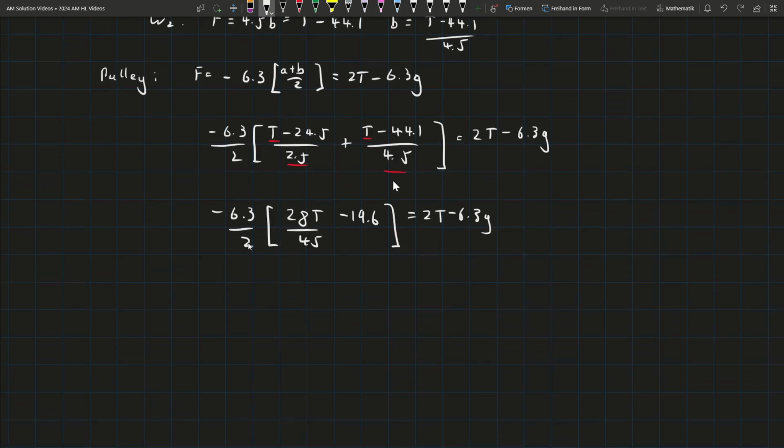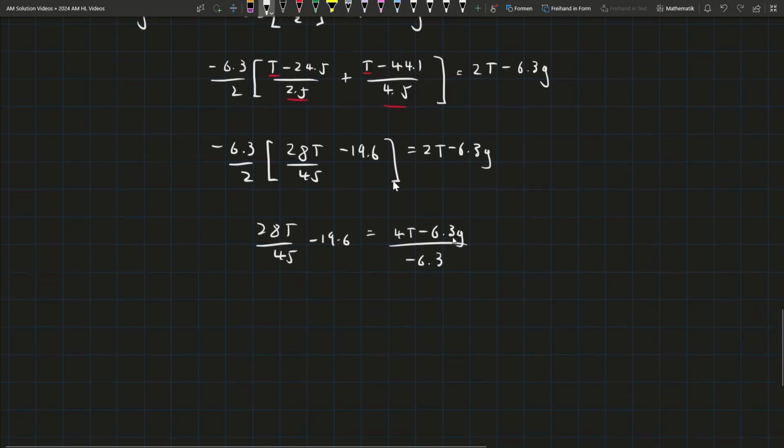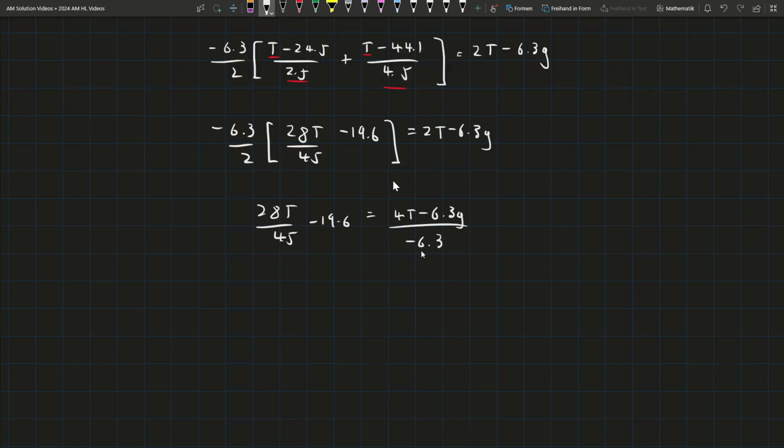So now we can get the T by itself. So we can multiply and divide by this. So we get the 28T over 45 minus 19.6 equals, so multiply it up by the 2, we'll get 4T minus 6.3g, and then divide by the minus 6.3, if we bring that down. And then we can bring the T to the other side, so this will make it a minus, so then it'll become a plus. So 28T over 45 plus 4T over 6.3 equals, and then this minus and the minus will make a plus, so we'll have 6.3g over 6.3, that's just going to be g, and then plus 19.6.